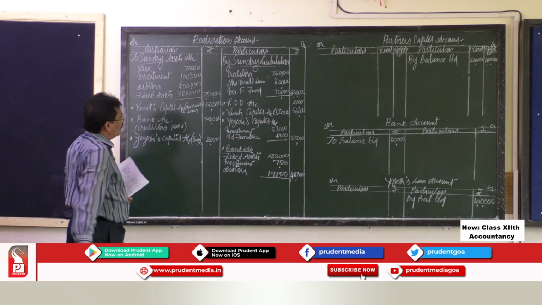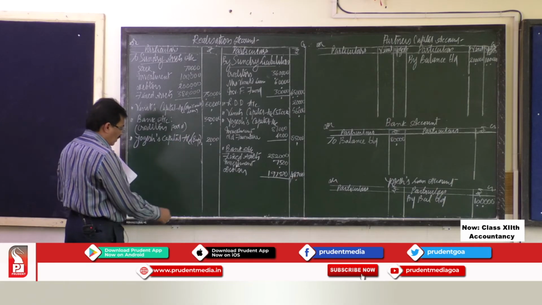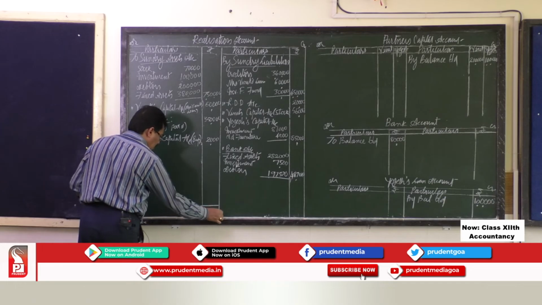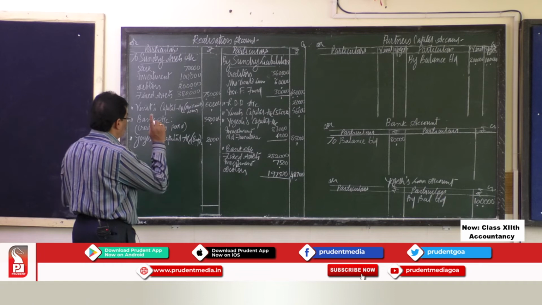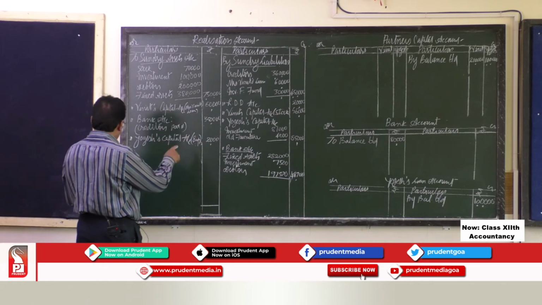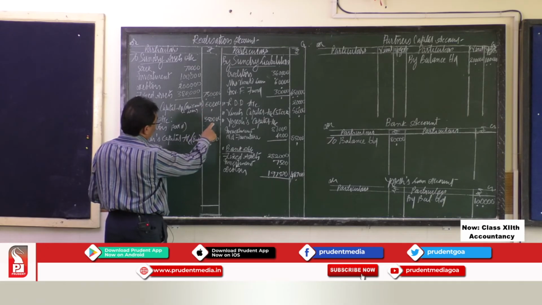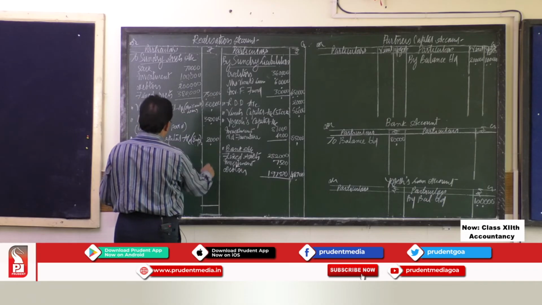If you look at this, approximately you will come to know that the debit side total is greater. When the debit side total is greater, you have to add this on the debit side: 7,50,000 plus 60,000 plus 3,50,000 plus 2,000.